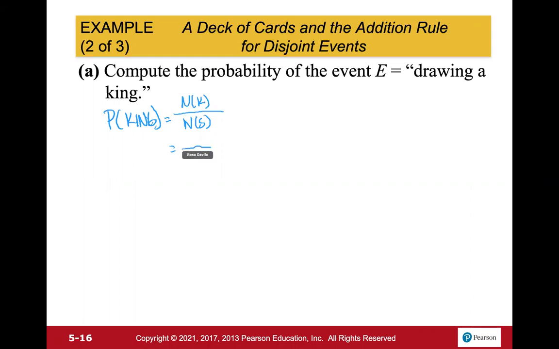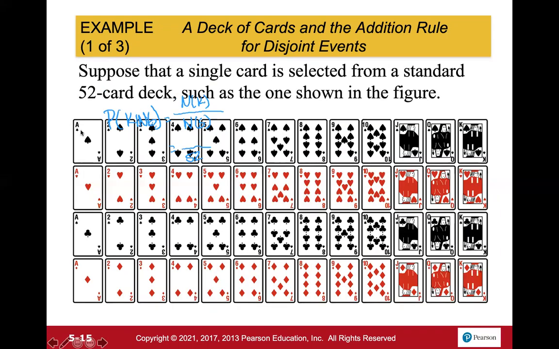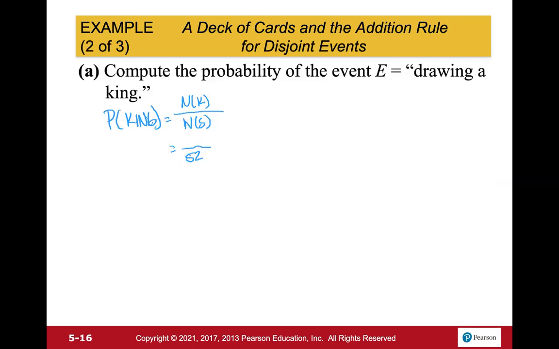In total, there's 52 cards. And coming back here, looking for the kings right here, we have 1, 2, 3, 4 kings. They didn't say kings or queens, it's just kings. So there's 4 of those. So now 4 out of 52.